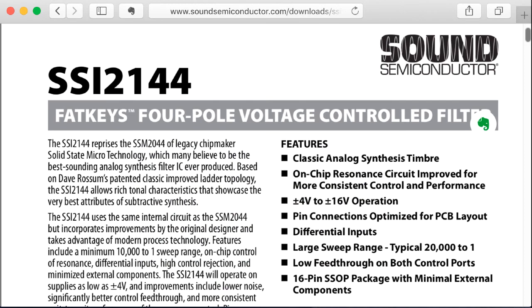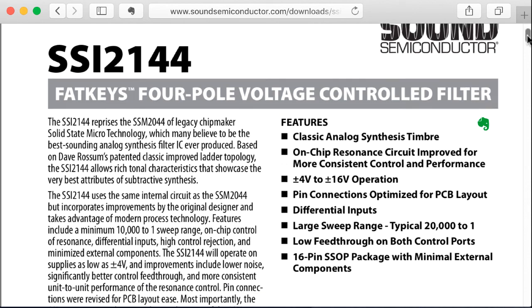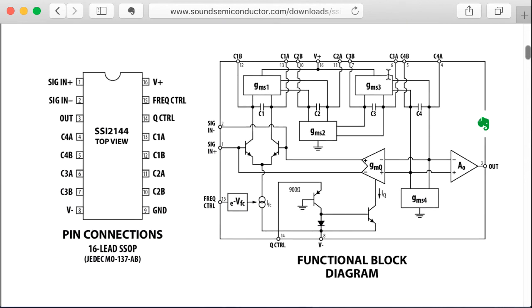One other thing I wanted to mention that's very exciting, Sound Semiconductor also released the SSI2144. It's an update of the SSM2044 chip. And something that's particularly unique about it is that it's sort of a combination of ideas from the Moog ladder filter that I talk about in another lecture and the standard OTA-C filter, again, that we'll look at in detail in another lecture.